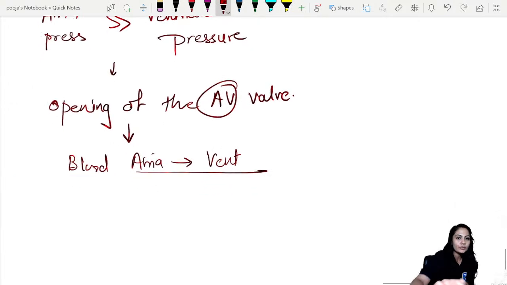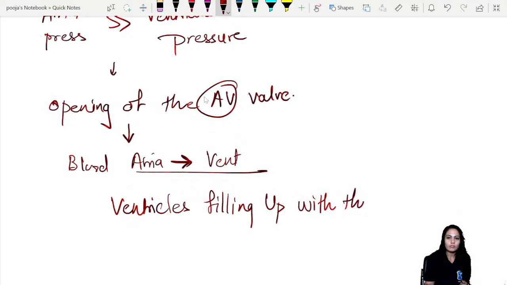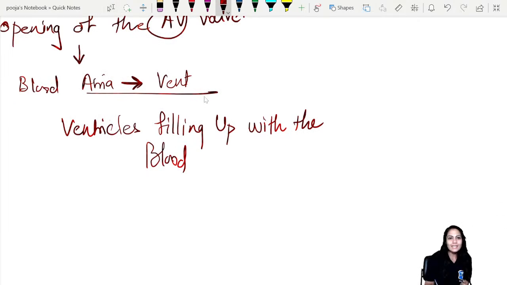So remember, the atria is throwing out the blood into the ventricle, so ventricles are filling up with the blood. So this phase is known as the filling phase.